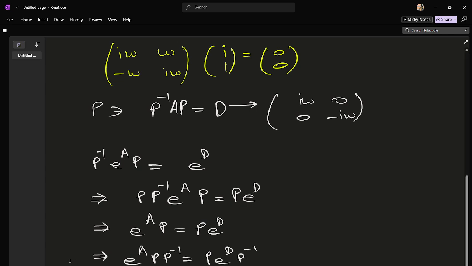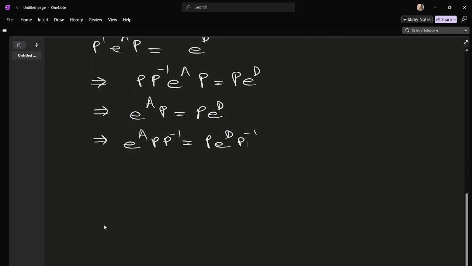So e to the power A will be P e to the power D P inverse.